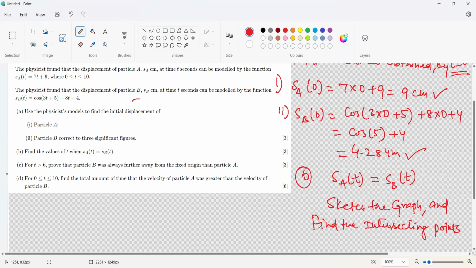7x plus 9. Cos 3x plus 5 plus 8t plus 4.